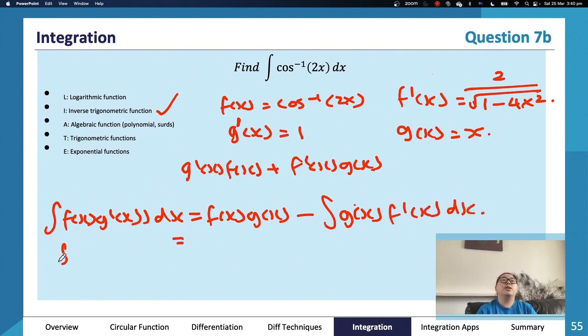Okay, so we can pop everything into here. The integration of cos inverse of 2x dx is going to be equivalent to f of x times g of x, which is those two times together.